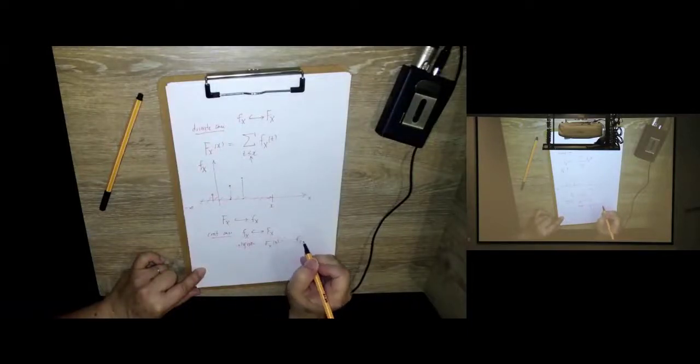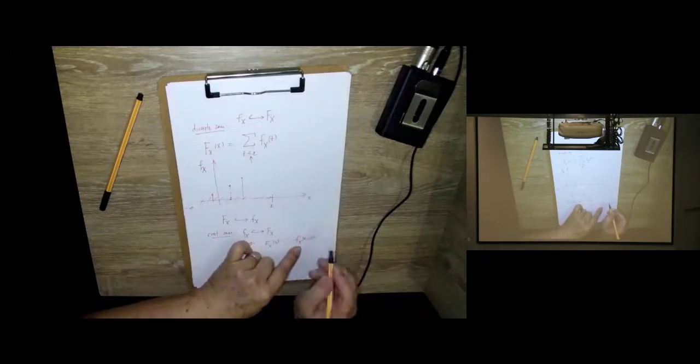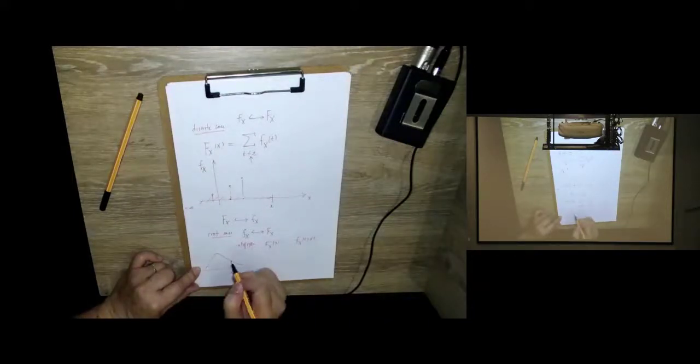So you are thinking of adding these things up. If you have a density function, this is your small little t, dt here, and this is your height, f_X of t.